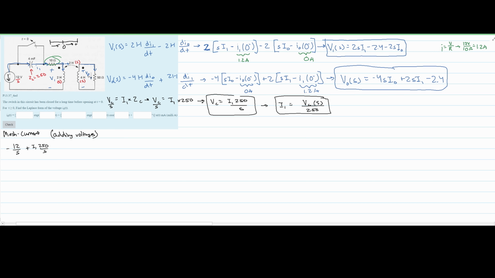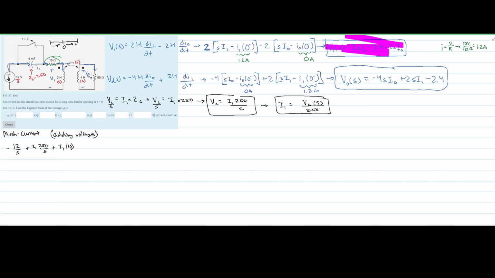Next we have this resistor right here. So we will have a plus I1 times 10. Next, we have all of this right here. And we found the voltage for this. We found V1, and because our V1 right here has already calculated all of this extra stuff, we are going to just plug in what we had earlier, which was this.